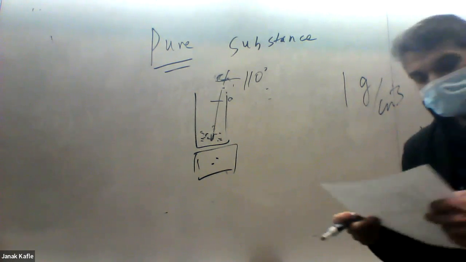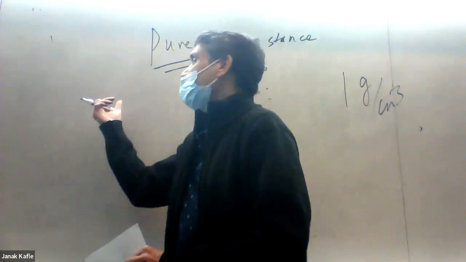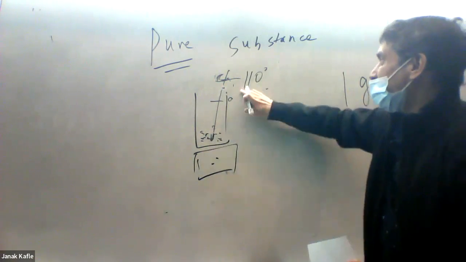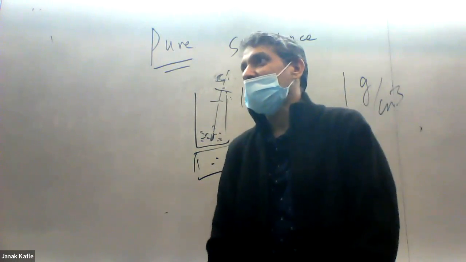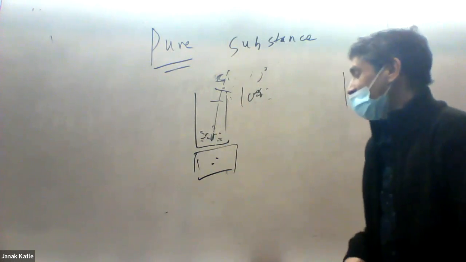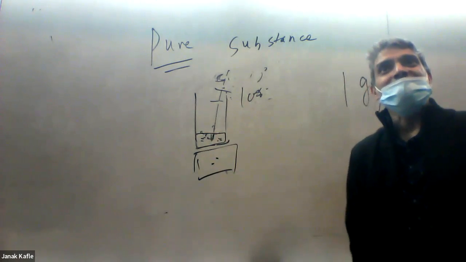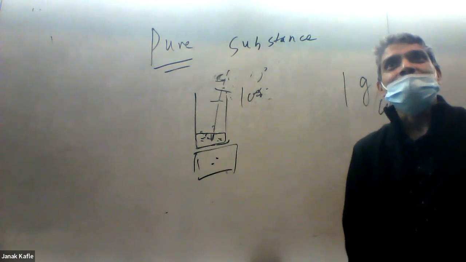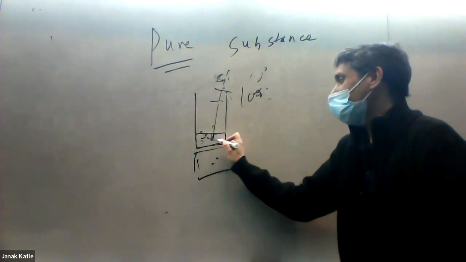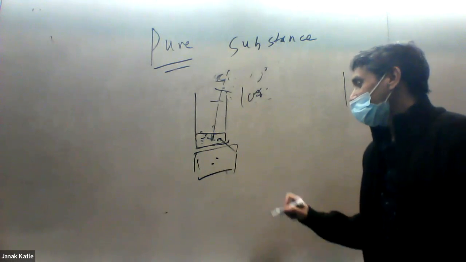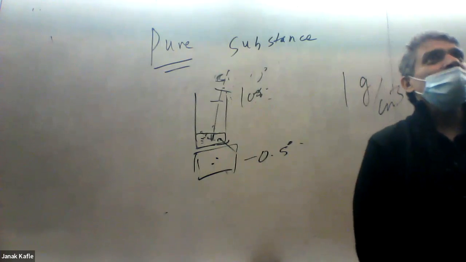Good. A pure substance has well-defined physical and chemical properties. A well-defined physical property of water is that its boiling point is 100 degrees centigrade. Or if I freeze this water, I will see it become ice around 0 degrees centigrade. But if there is some salt here, the freezing temperature goes below 0, maybe minus 0.5 or something like that, so this is not pure water.